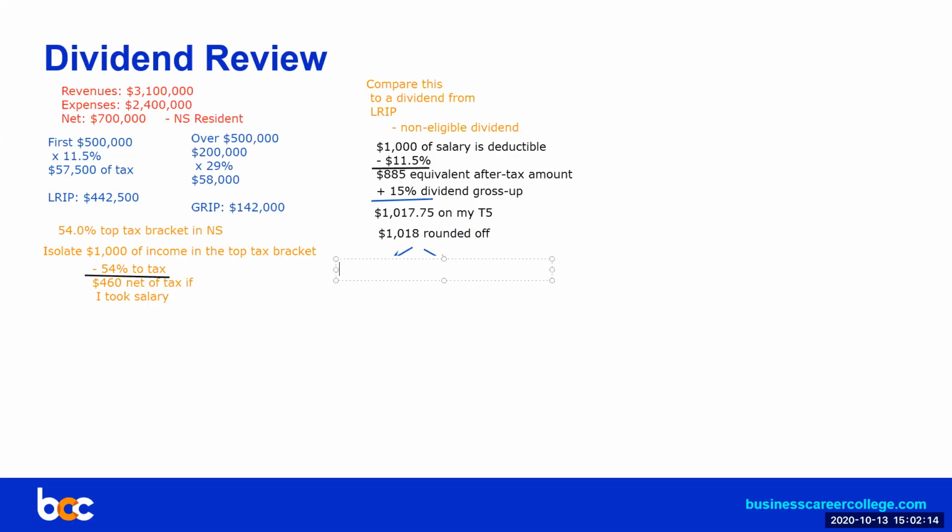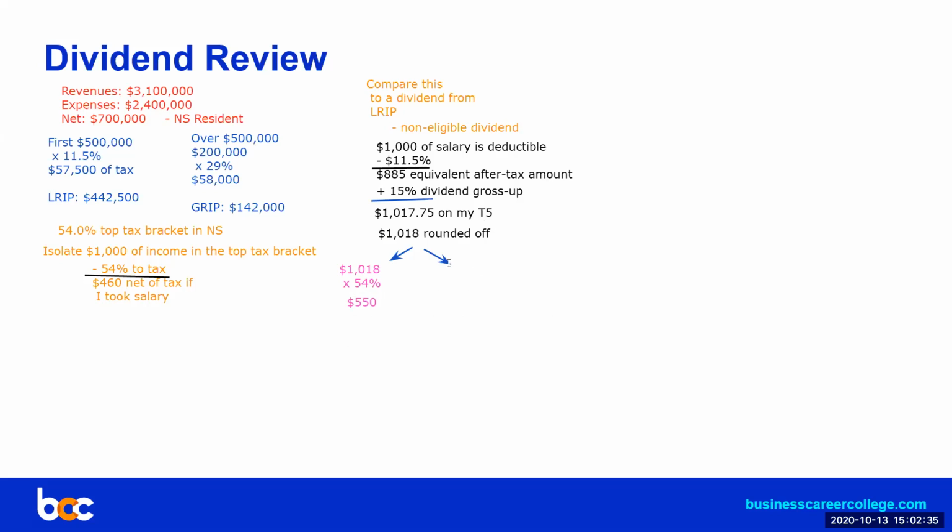First thing I'm going to do is apply my tax rate. So again, we're at a 54% tax bracket. Okay, so I take $1,018 times 54%, I get $550. That's the amount of tax that I'll have to pay on that dividend.